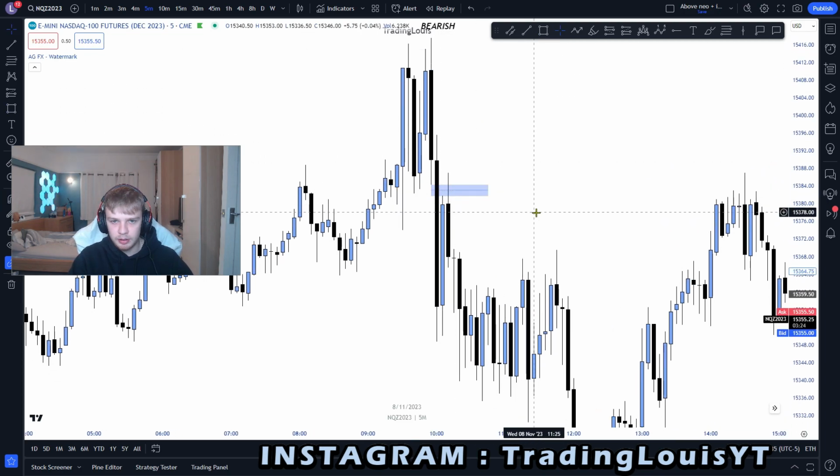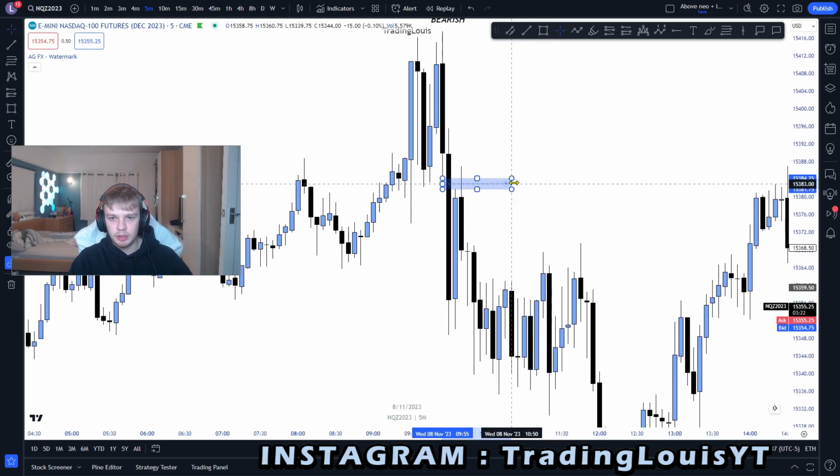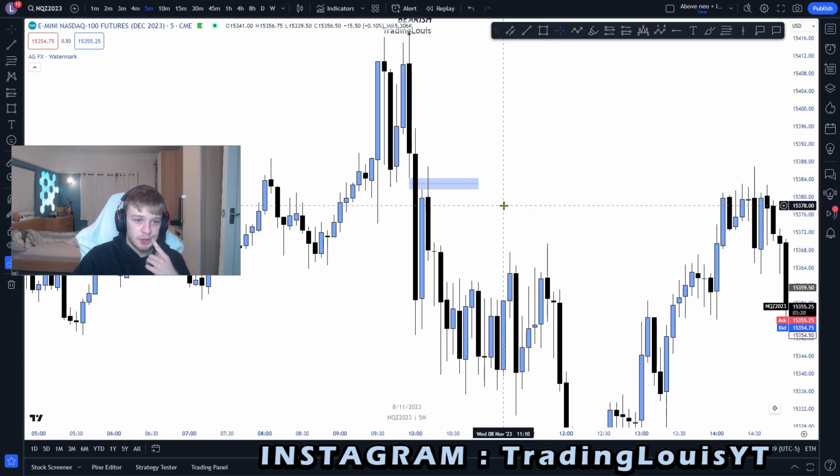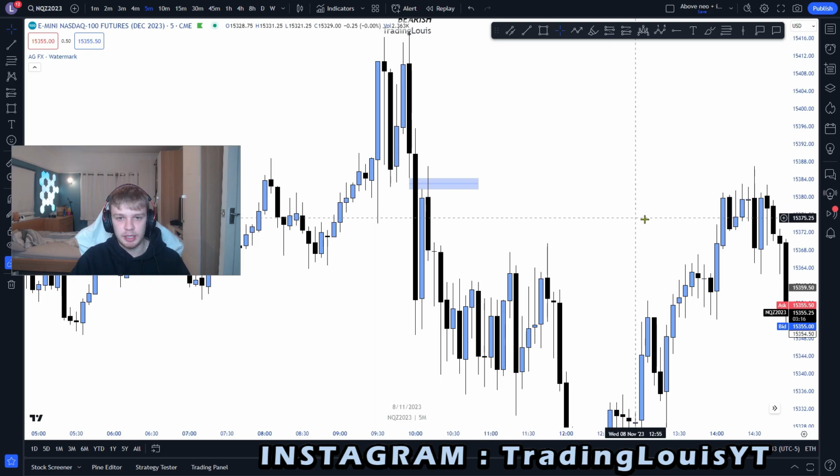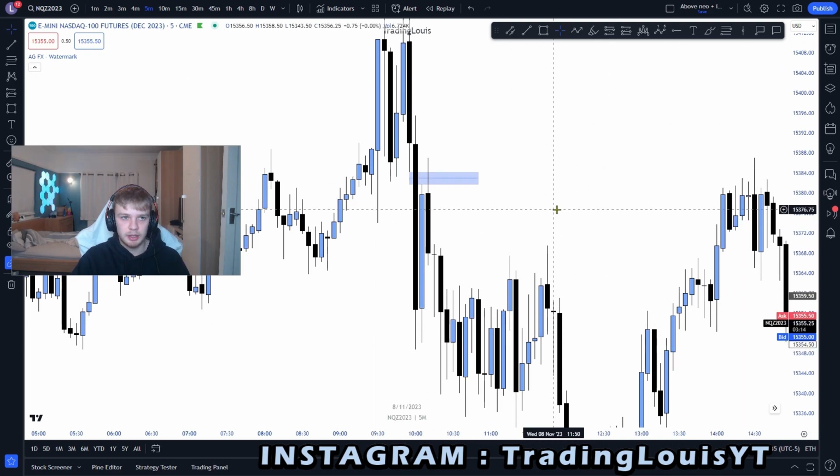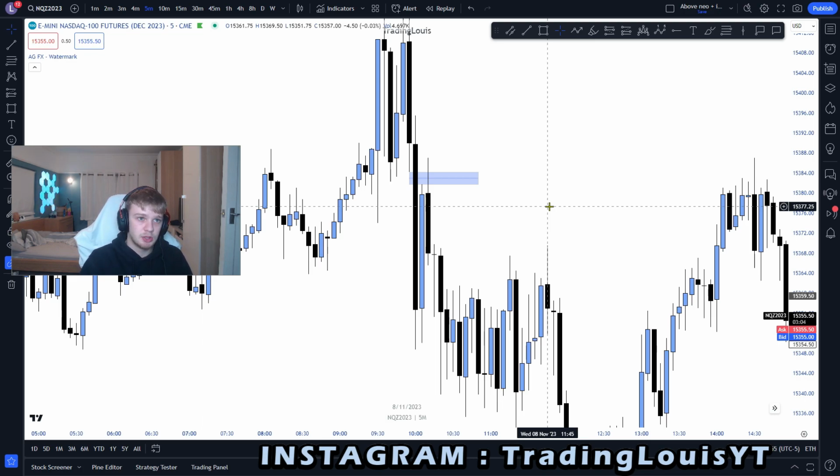So if you see multiple fair value gaps in one single leg, one way you can find a fair value gap that is going to be more dominant is to go to a different time frame. That's what I like to do. I like to use the 1 minute, the 2 minute, the 3 minute, and the 5 minute when using fair value gaps.